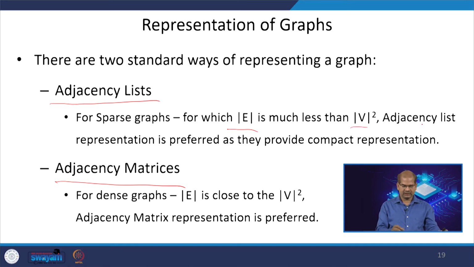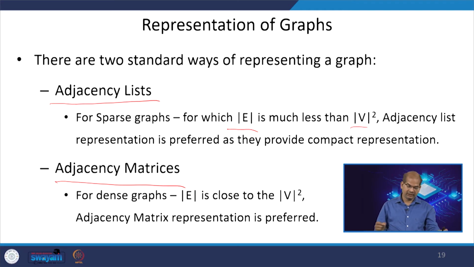Whenever you have a sparse graph, we have fewer edges, and in that case the adjacency list is an efficient method of representing the graph.